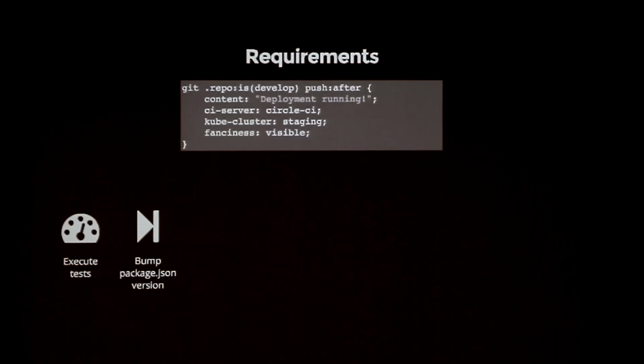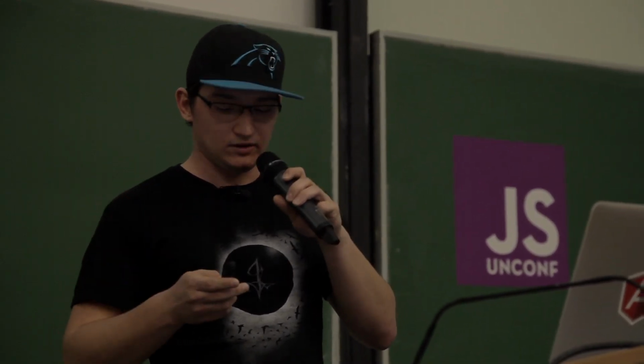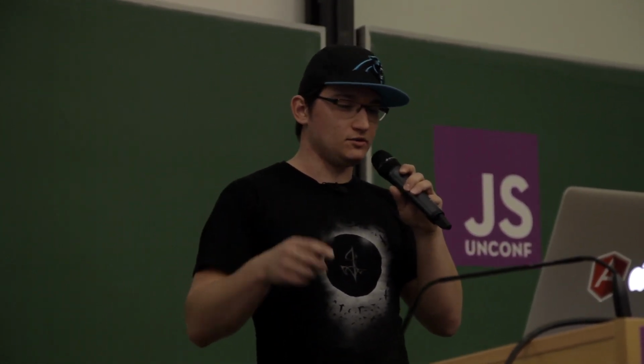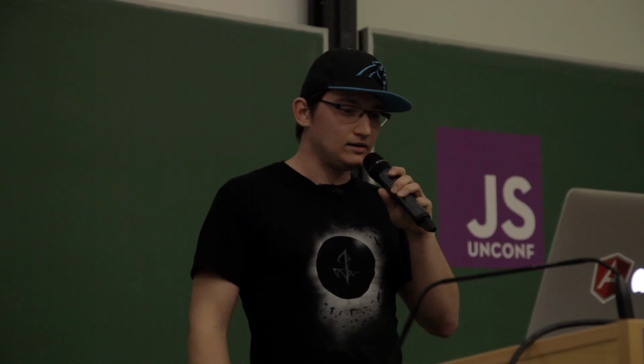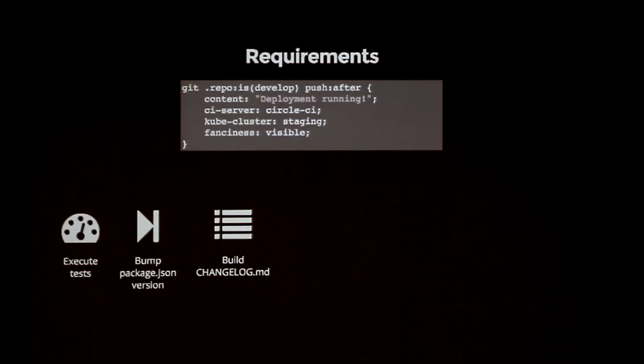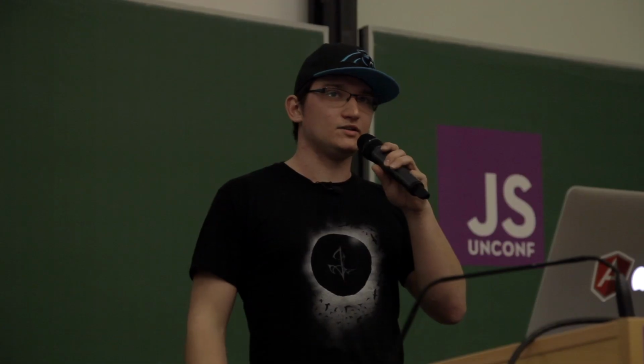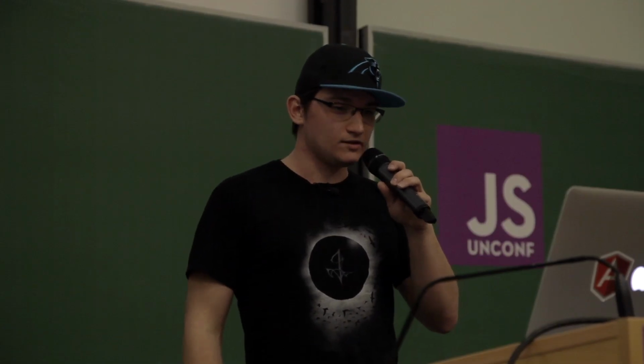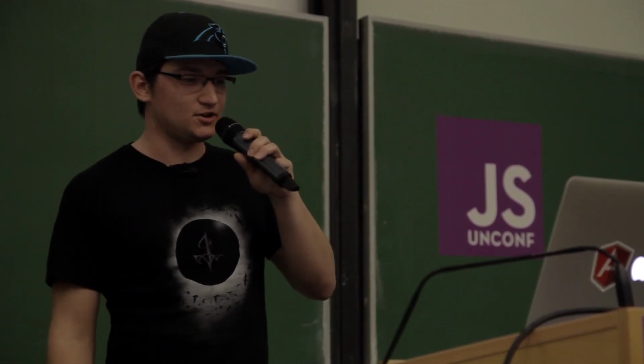We want to have the next semantic version bumped in our package.json, as we aren't only following Git flow, but also following the semantic version release cycle. I will have a deeper look into that later. Plus, we want to build an automatic changelog from the last semantic version we did till now to the latest release.